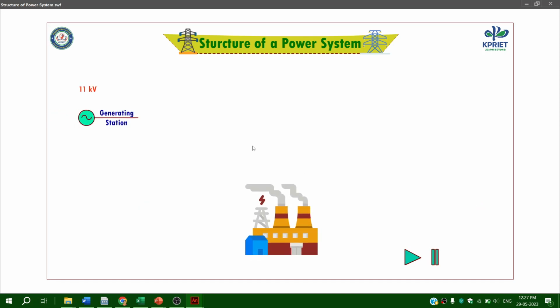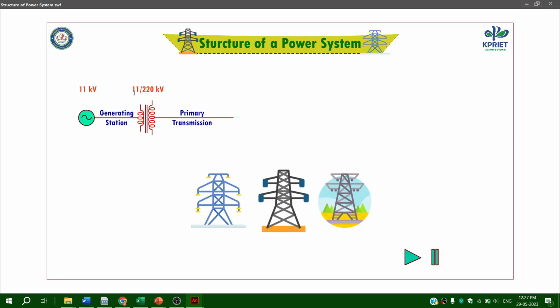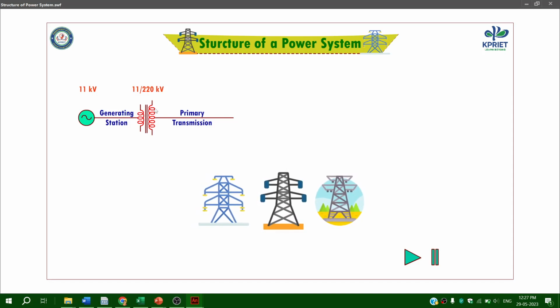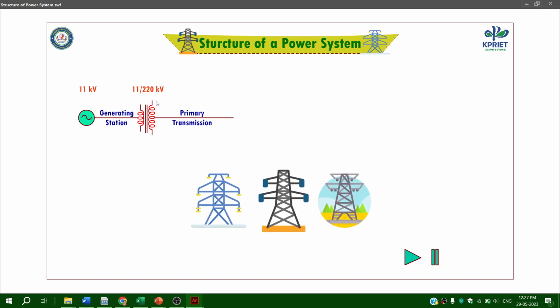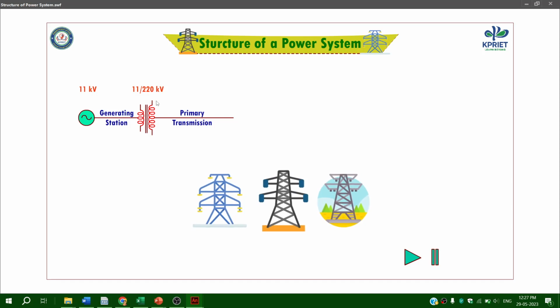Normally we generate the power at 11 kV in the power generation. Then the voltage is increased, that is primary transmission. That voltage depends upon the amount of power generation and the length of the transmission carried out through the transmission towers.